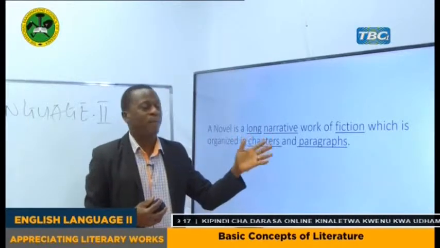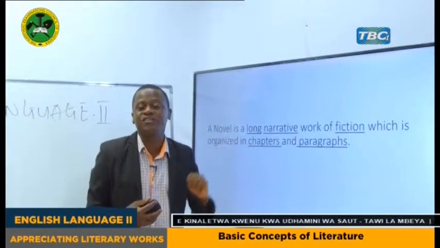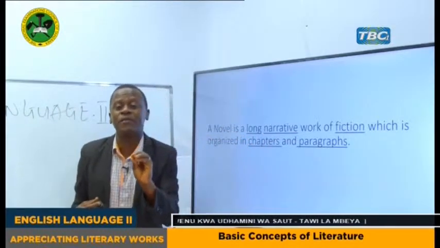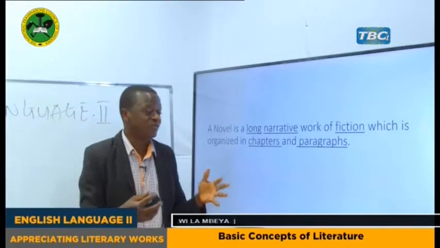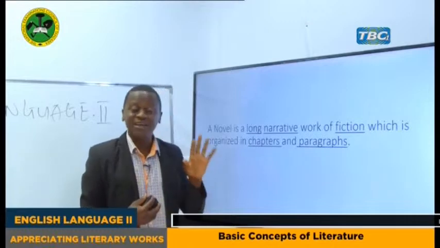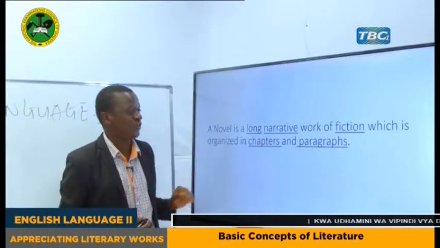And of course, being a work of art, being fiction, it reflects the social realities. It reflects what is happening on the ground, or what is happening in the society. Now, having said that, let us go into depth on this question.